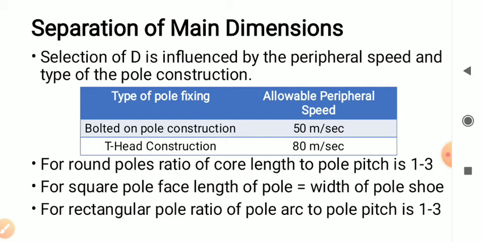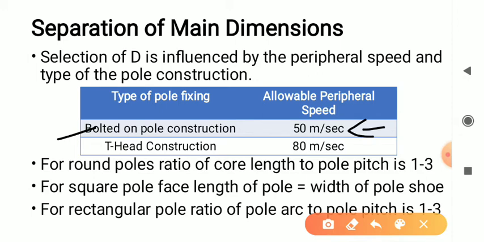So, if the pole is bolted in construction, then the allowable peripheral speed is 50 meter per second. By taking this 50 meter per second allowable peripheral speed, we can calculate the value of D. And if the pole has the T head construction, then the allowable peripheral speed is 80 meter per second.